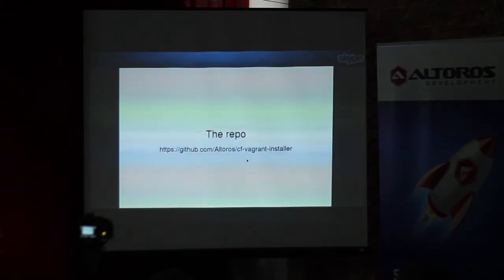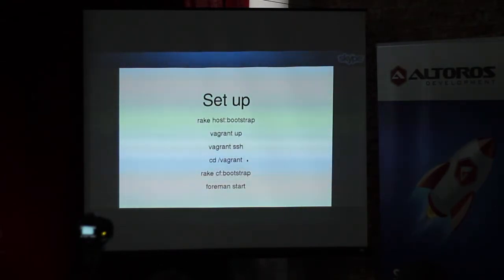This is the repo, and it is on GitHub, so you should go there and clone it. After that, you should run some commands. The first one is rake host:bootstrap. After that, you will be able to start up the Vagrant machine. You should log in via secure shell with the vagrant ssh command.